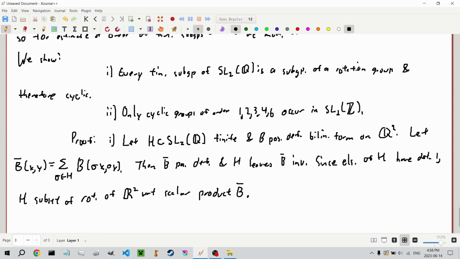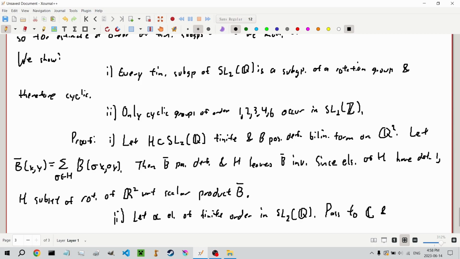Now for part 2. We're going to let alpha be an element of finite order in SL2, I'm guessing, of Q. We pass to the complex numbers and put alpha in Jordan canonical form.